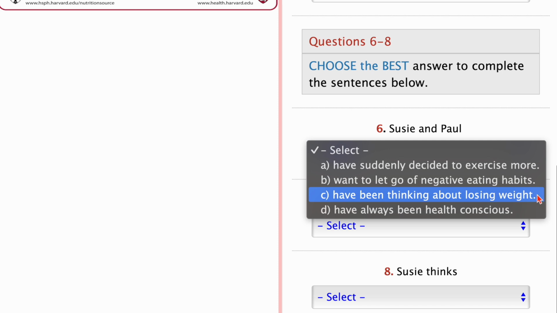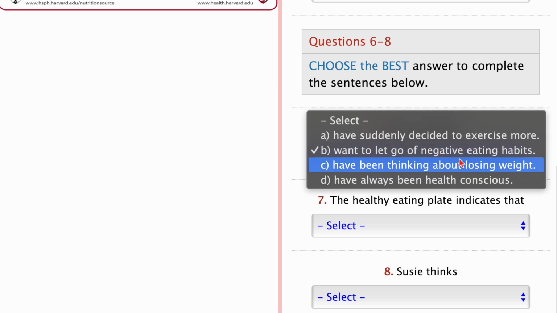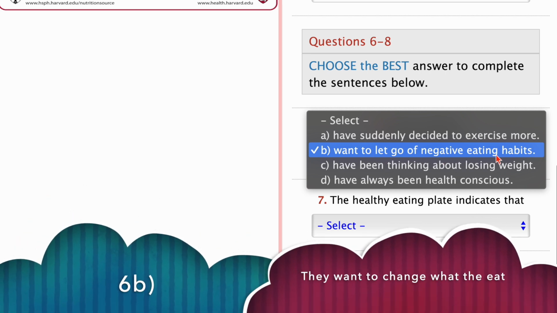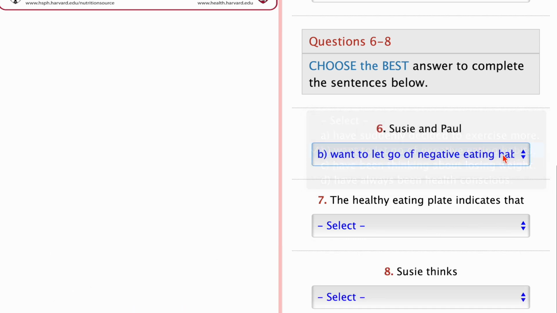They're talking about changing their diet, changing how they eat. And that's why the answer is B, because they want to not eat badly anymore. They want to change that. Okay? So B.